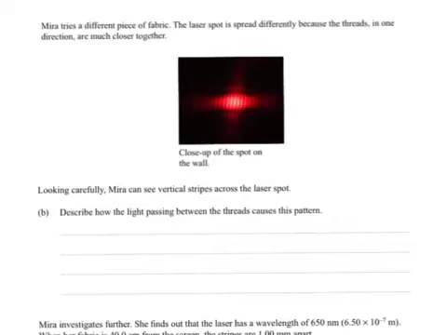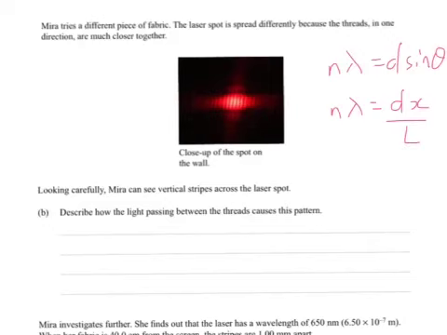We've got n lambda equals d sine theta, or n lambda equals dx over L. So d is our spacing of threads, the distance gap between the successive gaps, and x is our distance on the screen.